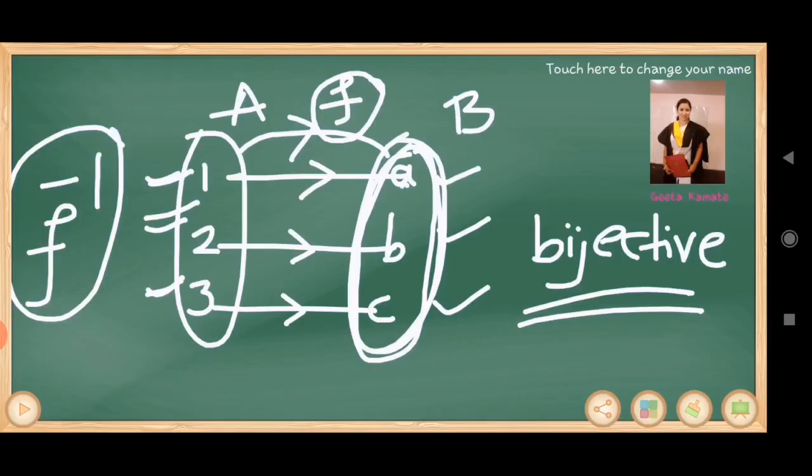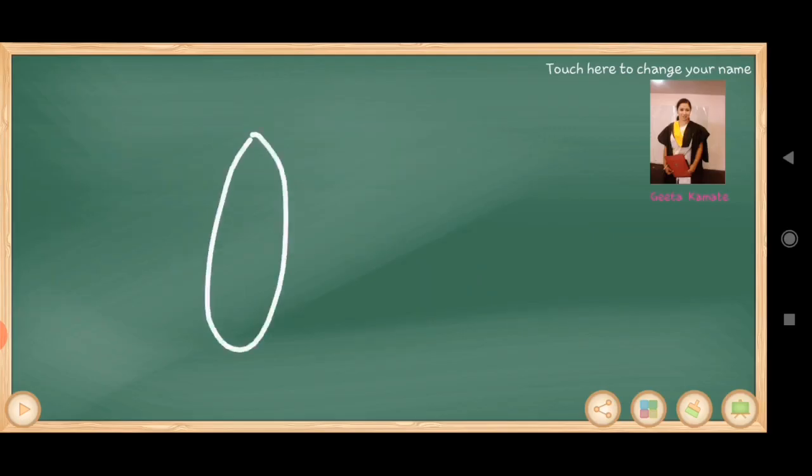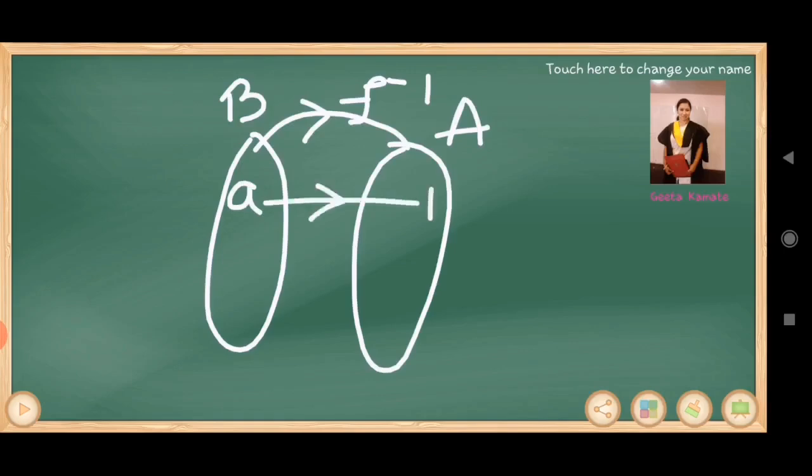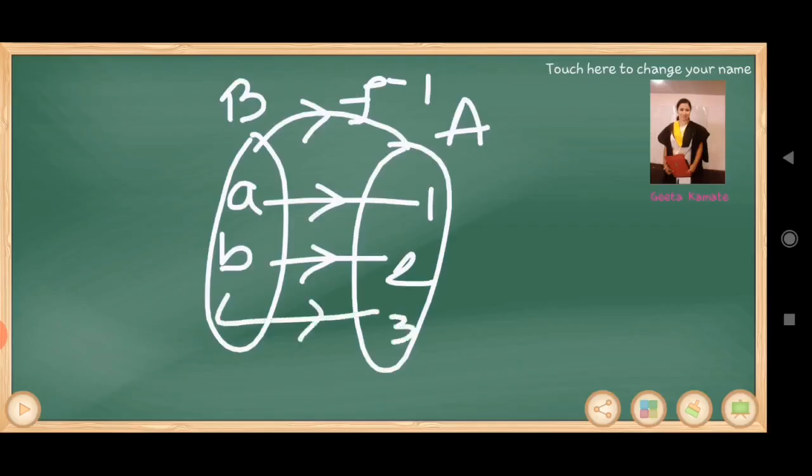I'll show you. F inverse is a function from B to A. In f, 1 is related to A. Here you will get A is related to 1, B is related to 2, C is related to 3. Yes, it is also a function.